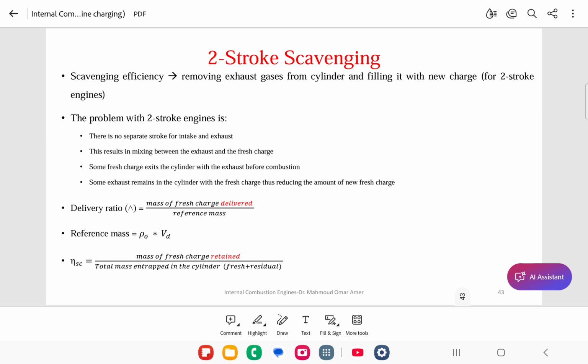We rely on the intake entering from the intake port to displace the exhaust so that we can get a fresh mixture. A fresh mixture is usually a mixture of new air and fuel and the exhaust from the previous cycle. Also, part of the new charge can escape through the exhaust port.